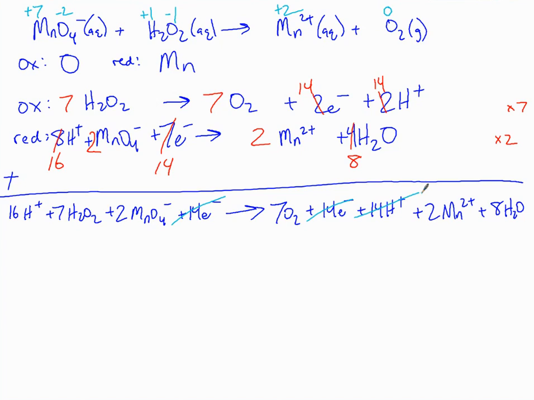We get rid of those. That makes this one 2 hydrogens. Then we have hydrogen peroxide, permanganate, only in reactants, oxygen, manganese, and water, only in the products. So this is going to be the end of it.